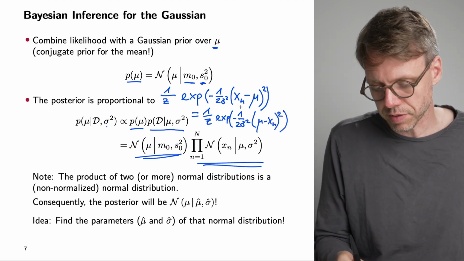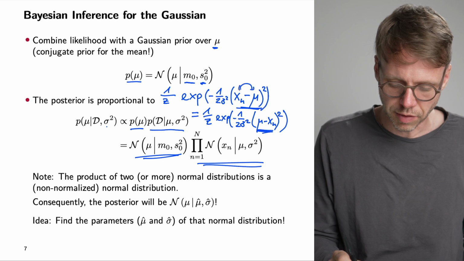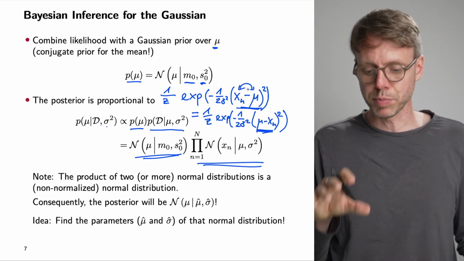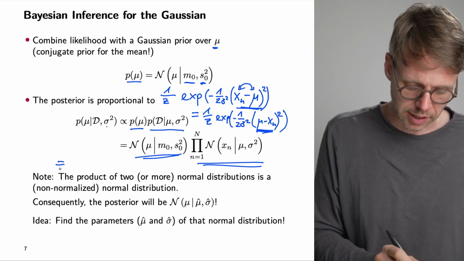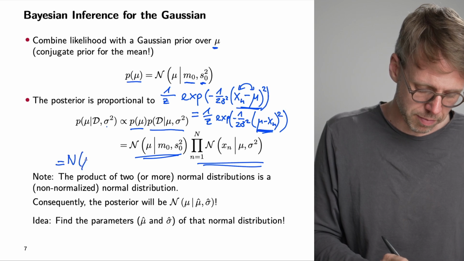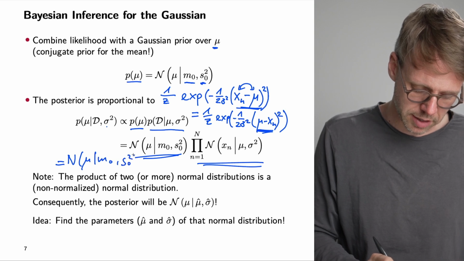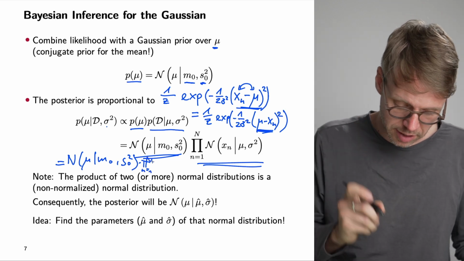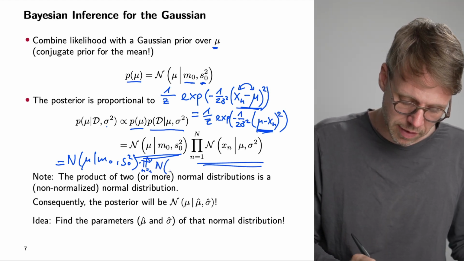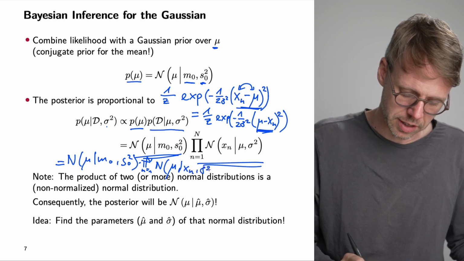Because we're taking the square of this part, these are identical. We are allowed to flip xn and mu because we're squaring it. So another way to write this is to say that this is equal to the normal of mu with m0 and s0 squared, times the product from n equals 1 through N normal distributions in mu with means that are at xn and variance sigma squared.